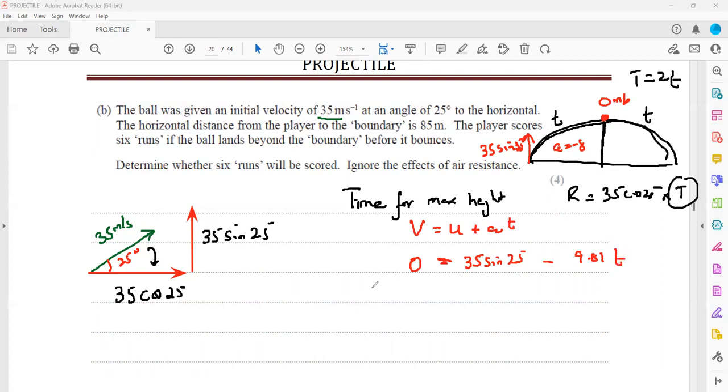When we simplify, negative 9.81 t moves to the other side, so it will be positive: 9.81 t equals 35 sine 25. So the time to reach the maximum height is 35 sine 25 divided by 9.81.